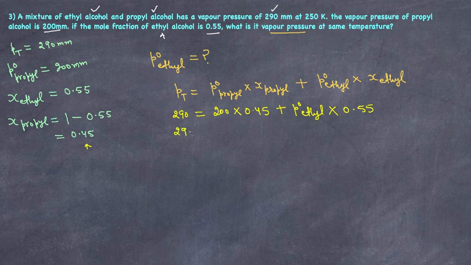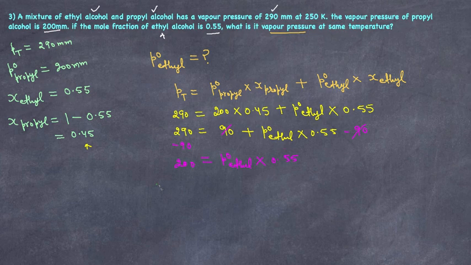So 290, and when we multiply them, this gives me 90 plus P naught ethyl times 0.55. If I subtract 90 from both sides, this gives me 200, and this 90 will cancel out, and this gives me P naught ethyl times 0.55.